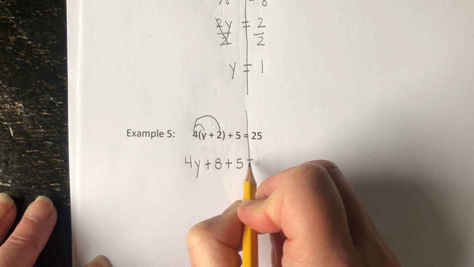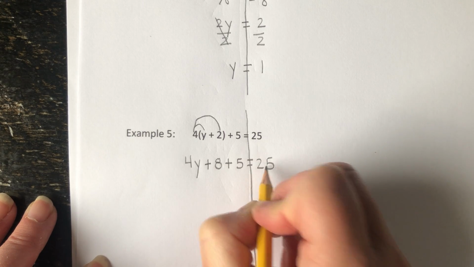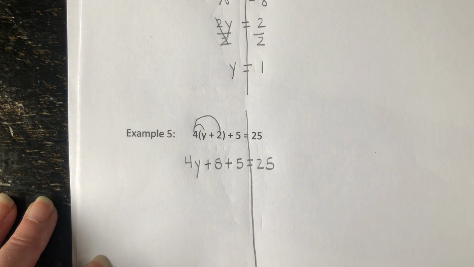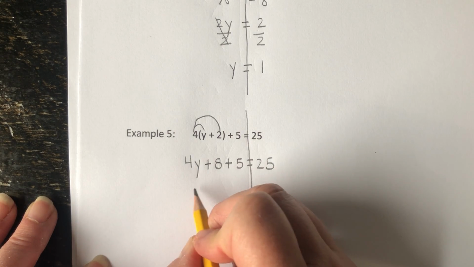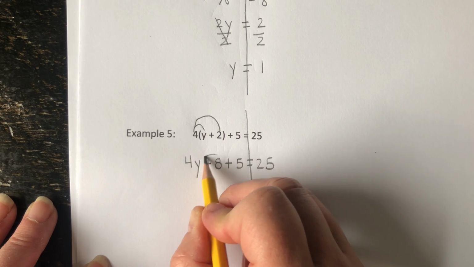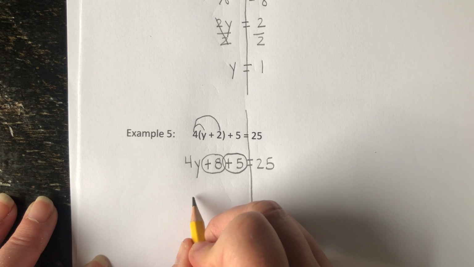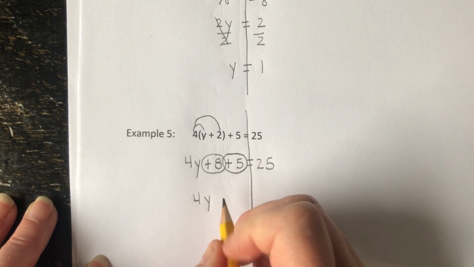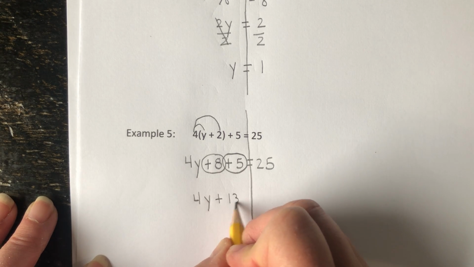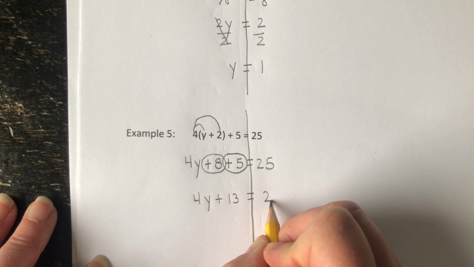Bring down my plus 5 equals 25. So I'm left with my 4y here. I can combine my 8 plus 5. So right now I have 4y plus 13 equals 25.